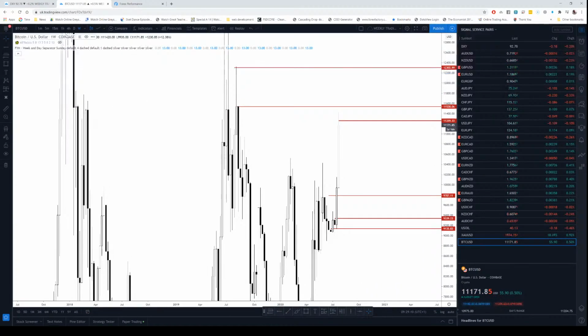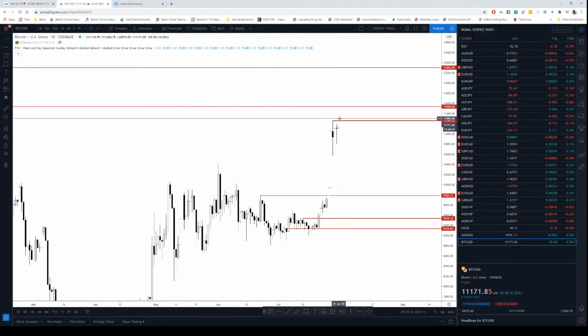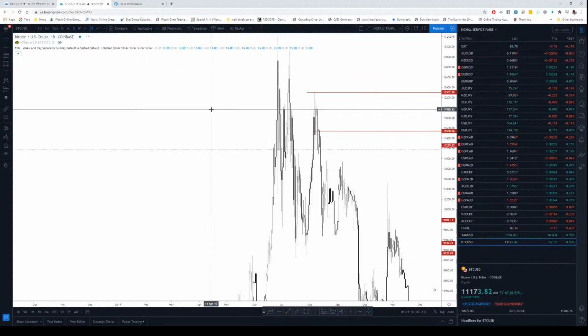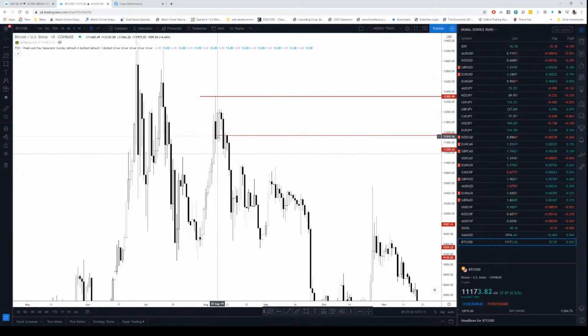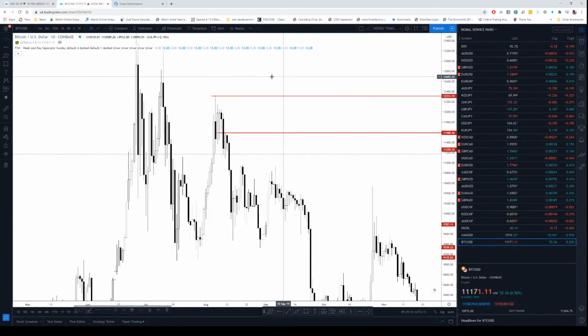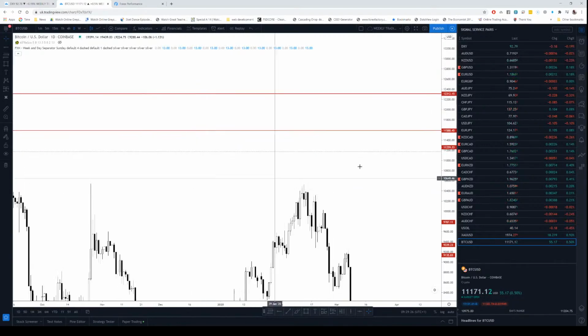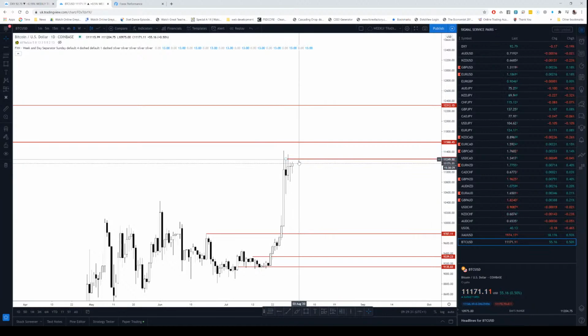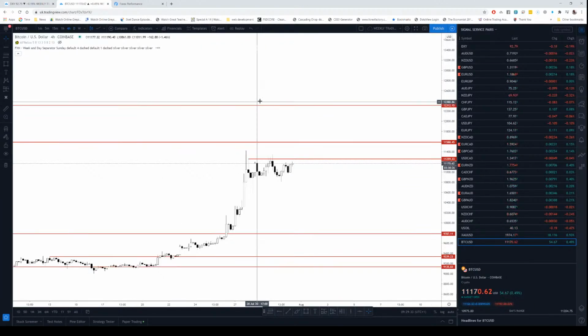So if we do close above here, the next upside objective will be there. Let's zoom in, put it properly there, and then there. So for those of you that trade Bitcoin, that's what we have in price.